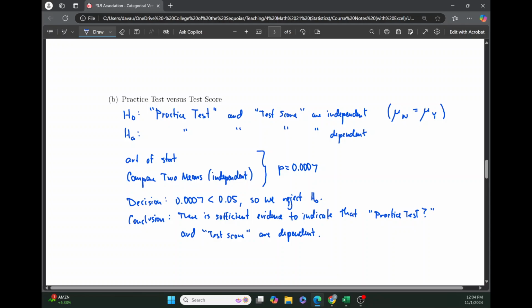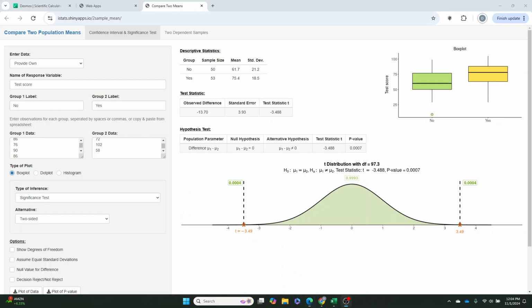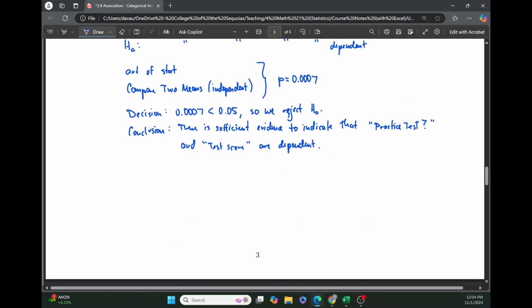And to be even more specific, we can see from the sample means that if you take a practice test, you're far more likely to do better on the test, right? If you take a practice test, your test score increases by like 14% on average, okay? So that's a substantial difference.